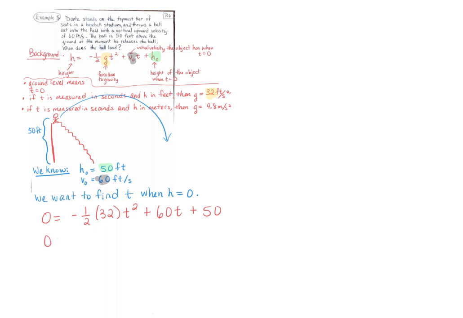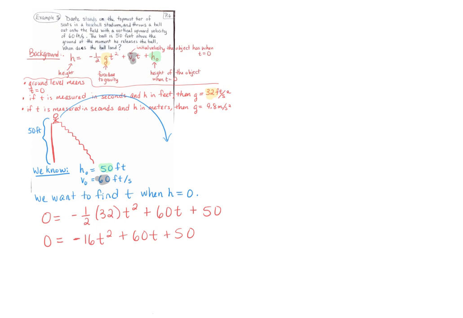So that means 0 is equal to 1/2 times 32 is 16, but we're multiplying that by negative. So this is -16t squared plus 60t plus 50.